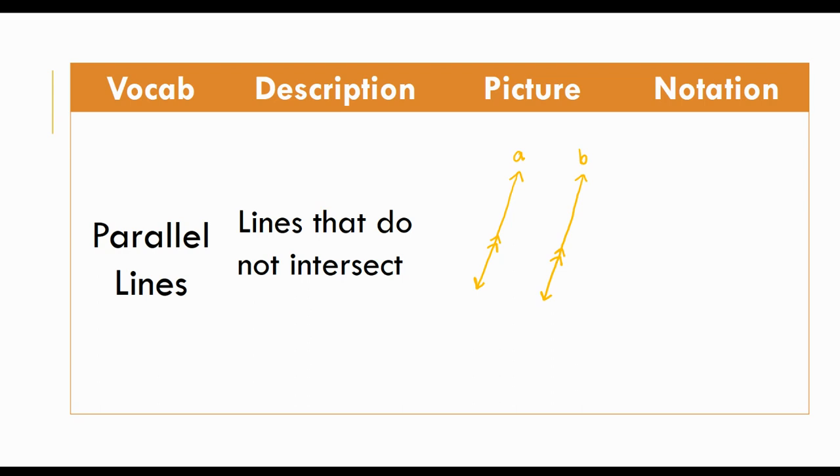They are parallel. Then if I want to identify the notation for parallel, just like remember we have a notation for perpendicular, for parallel we would say A, and then I'm going to have two little lines that aren't going to touch. That means parallel to B. So A is parallel to B.